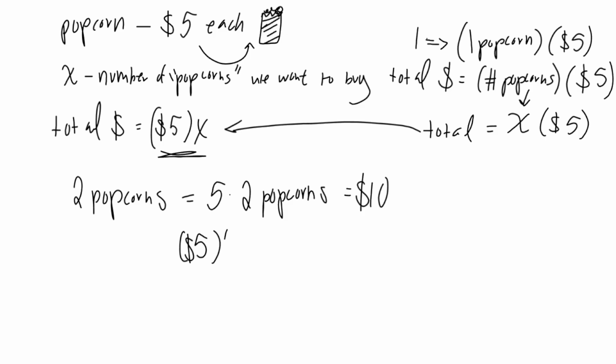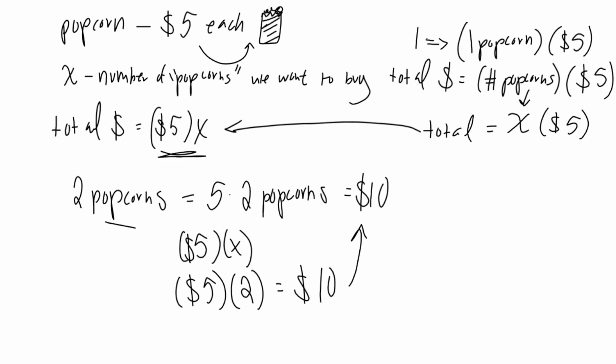It's 5 times x. X is, as you can see here, the number of popcorns that we want to buy. So if we want to buy 2 popcorns, we just sub the 2 in. And then it brings us back to the $10 that we just got there. That makes it very simple because say we want to do a very large number, we can do it this way, yeah, but we can also do it in this way using the equation that we just made.